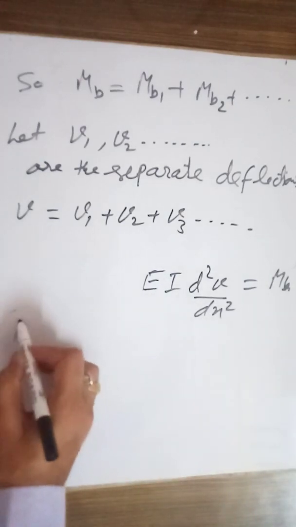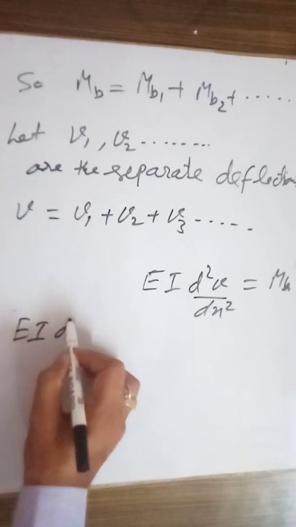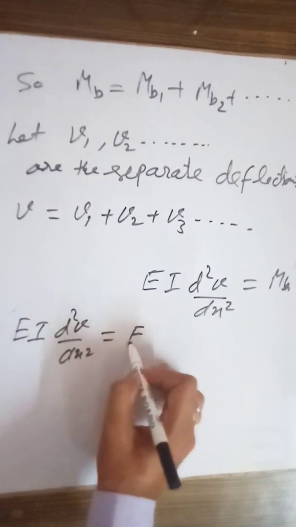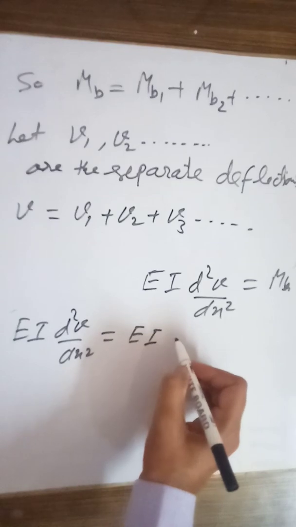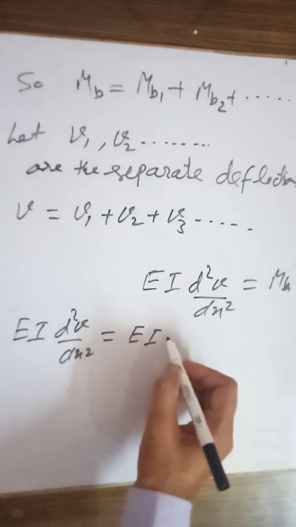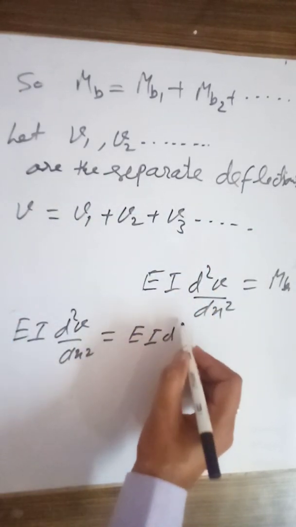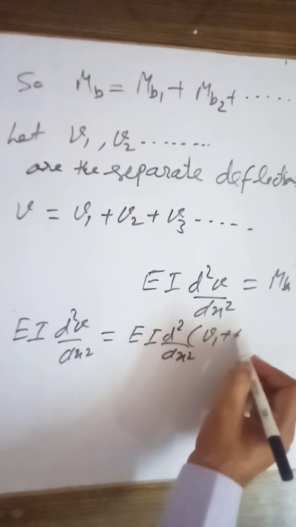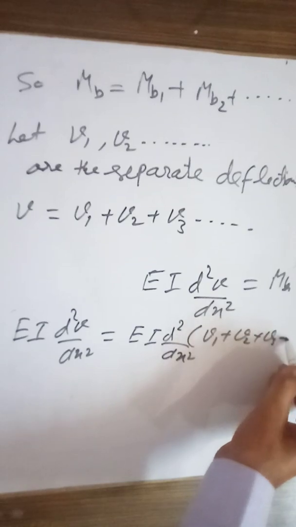Let me write it: EI d square v by dx square equals EI, which is common for all these, times d square over dx square of v1 plus v2 plus v3 and so on.